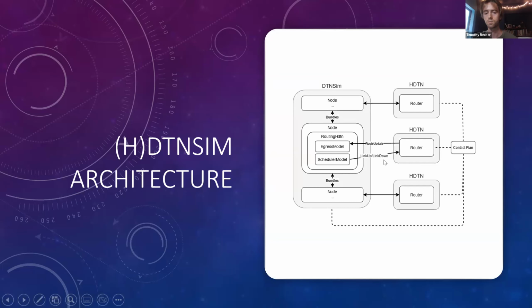It sends link up and link down messages so that the router can recompute routes when it needs to and synchronize its notion of time with the simulator. And it intercepts the route update messages the router publishes to get the information about what is supposed to happen to bundles and take the corresponding action in the simulated environment.